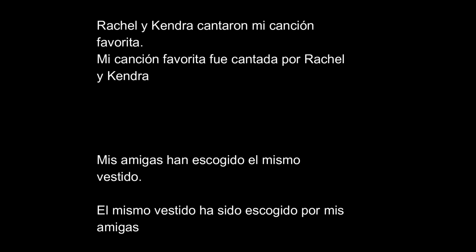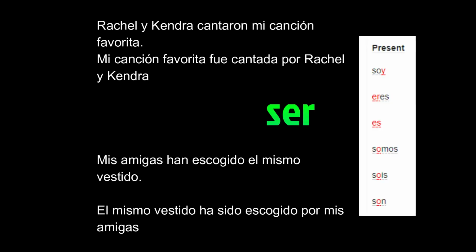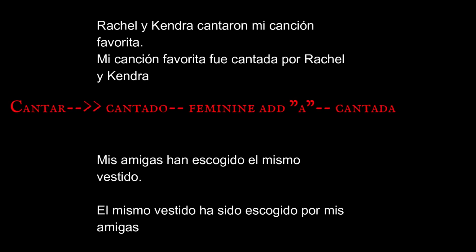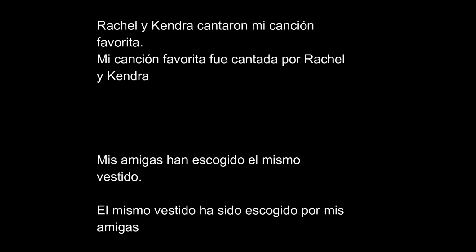Fue is the simple past of the verb ser, and it has to be followed by the past participle of the verb cantar. That will give us mi canción favorita fue cantada. Again, at the end of cantada we have an a. Why? Because mi canción favorita is feminine.